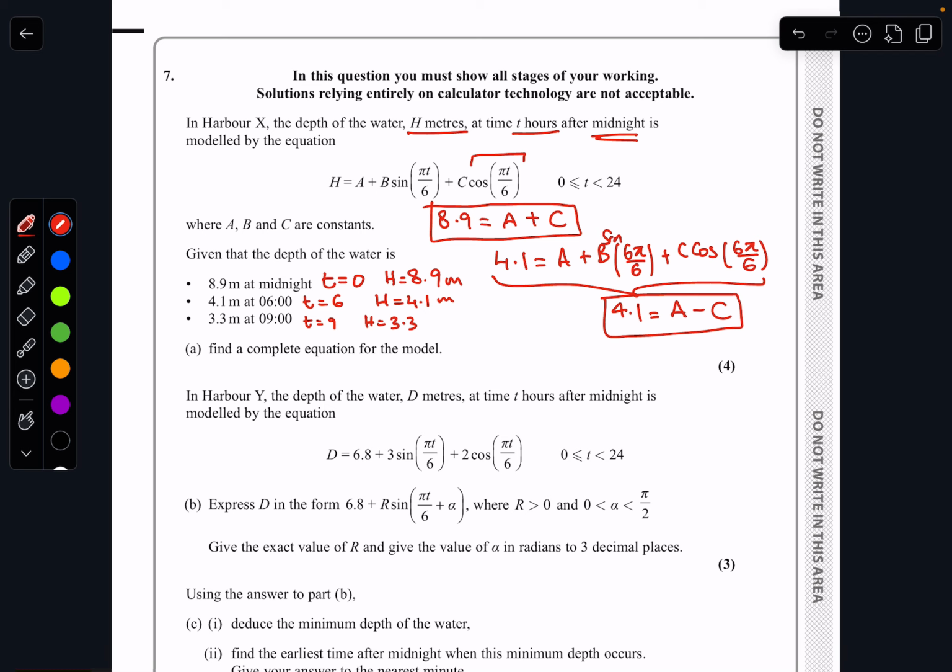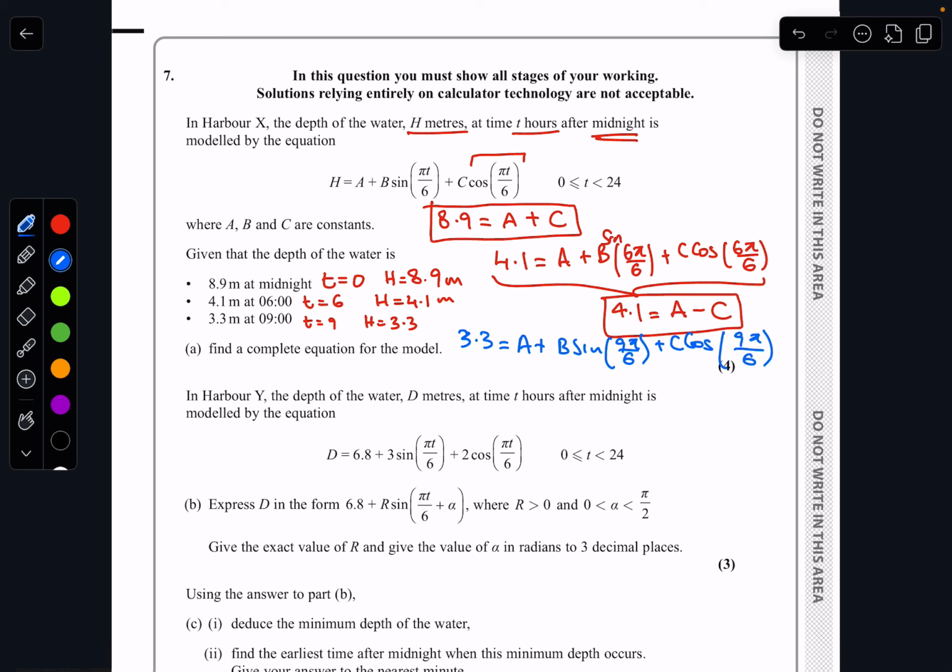And then the last equation that you need to create is using the last value. So 3.3 is equivalent to A, which still stays there, and now T is equal to 9. So that is plus B sine 9 pi over 6 plus C cos of 9 pi over 6.